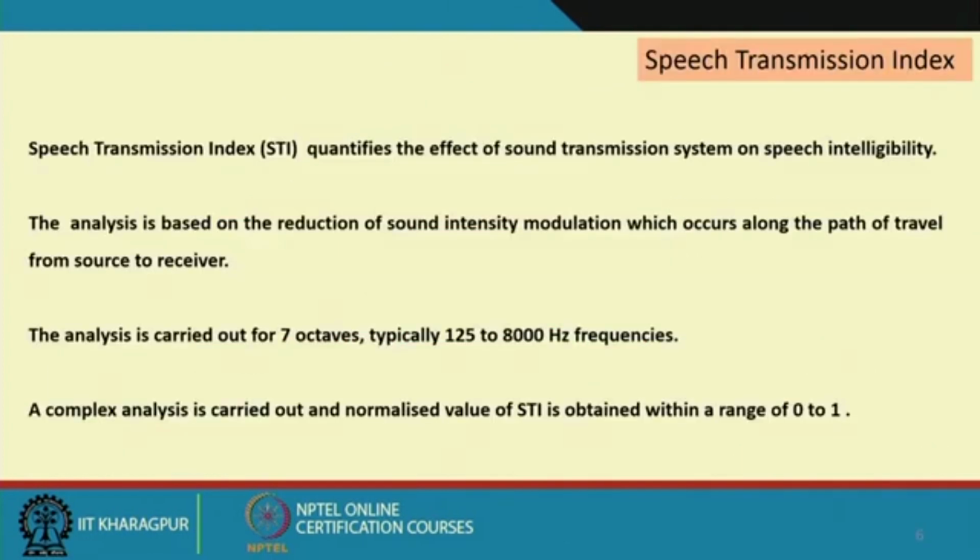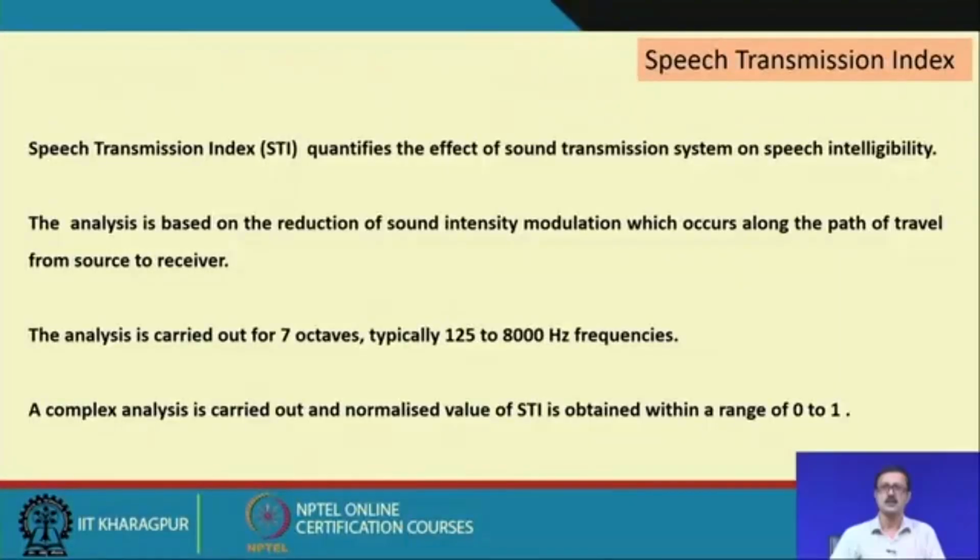Now, next let us go to the speech transmission index, which is another fundamental in electroacoustics or any kind of acoustics, where it talks about how a particular speech goes from the source to the listener.